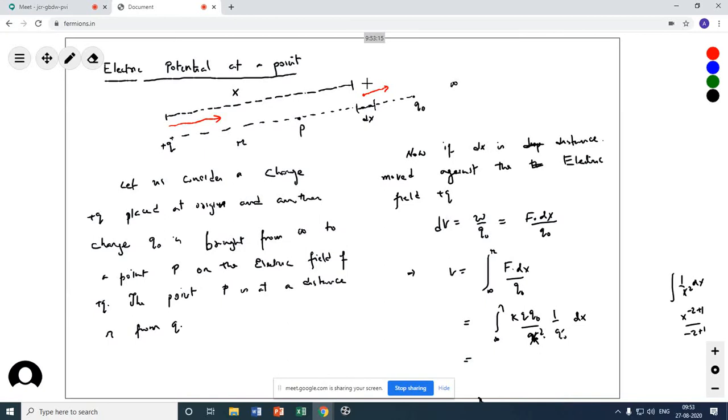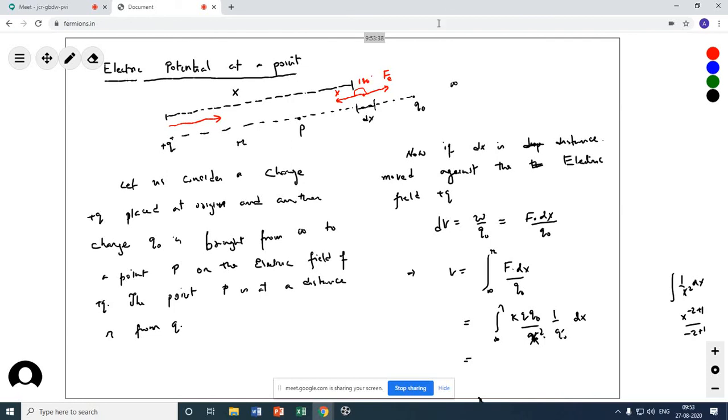So you see, look at the diagram now. So electrostatic force, there is a force of repulsion on Q naught which is actually this side, and you are bringing the force. The displacement x is this side. What is the angle between them?